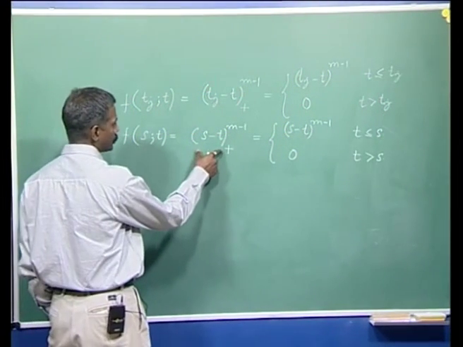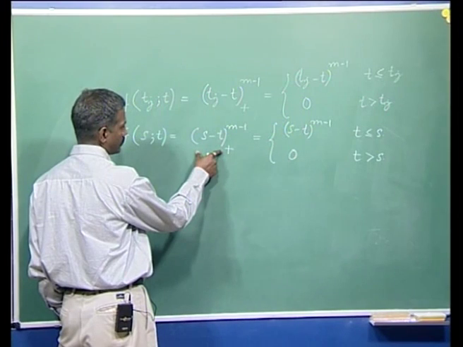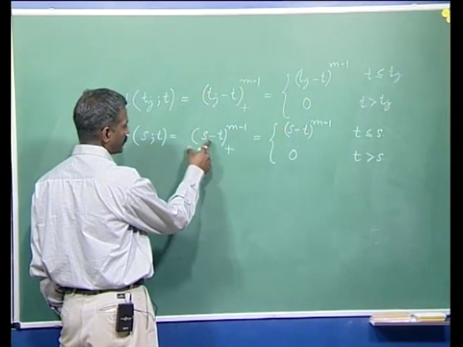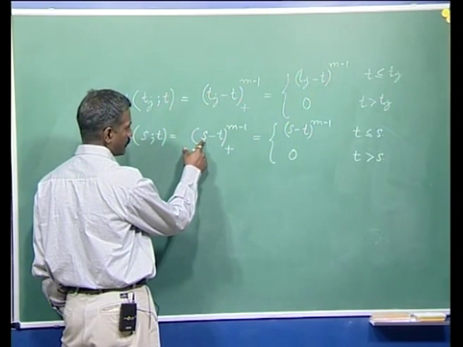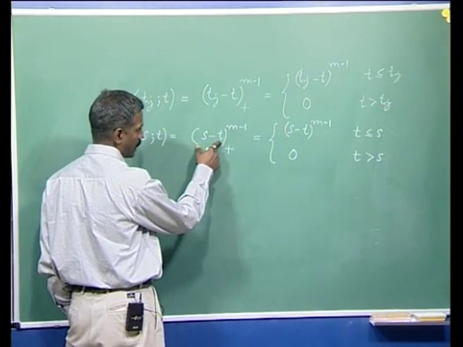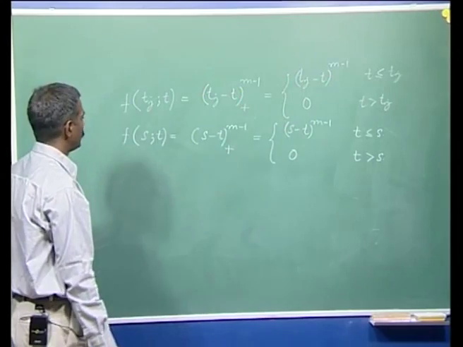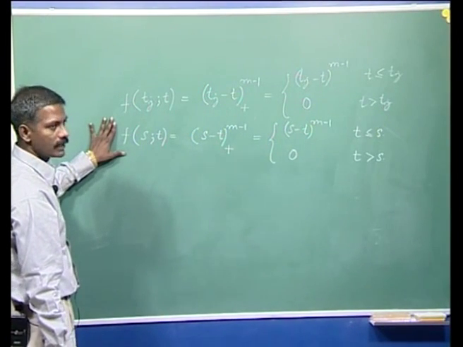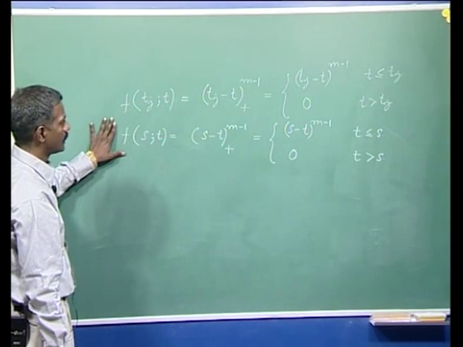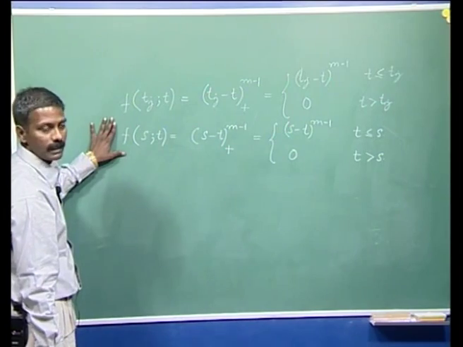So now this is a 2-parameter function. You can treat either s as a variable and t as a parameter, or vice versa. We'll see how we can use that when we are discussing divided differences a little later.